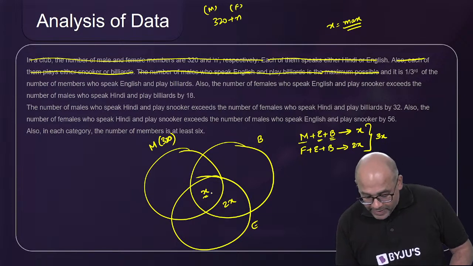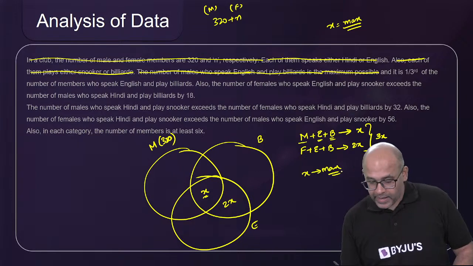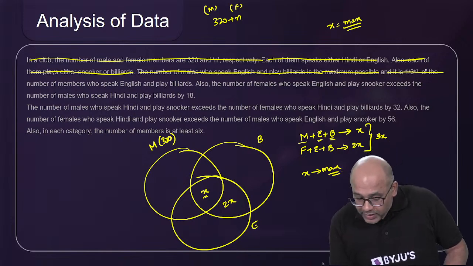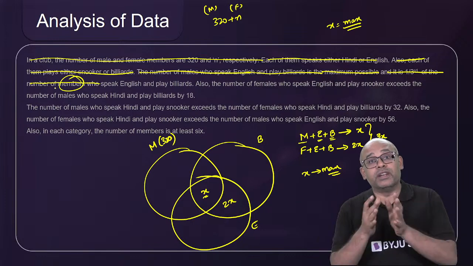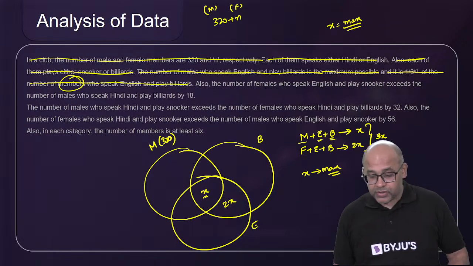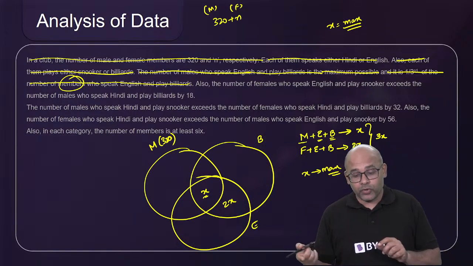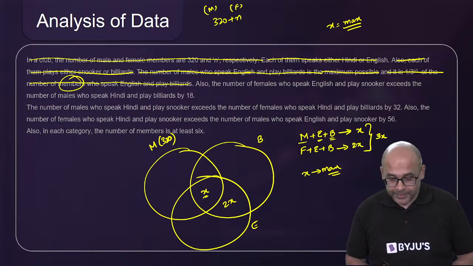So x is maximum. And it is 1/3 of the number of members, not male or female separately, but together: all male and female who speak English and play billiards. So total people with English and billiards is 3x, out of which x is men. So 2x will be women. That is what has happened.